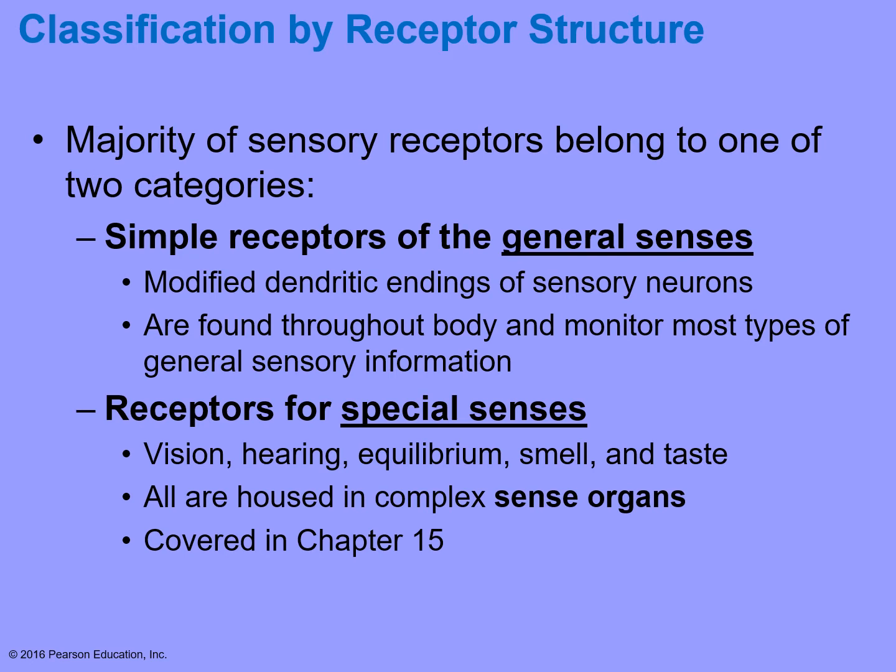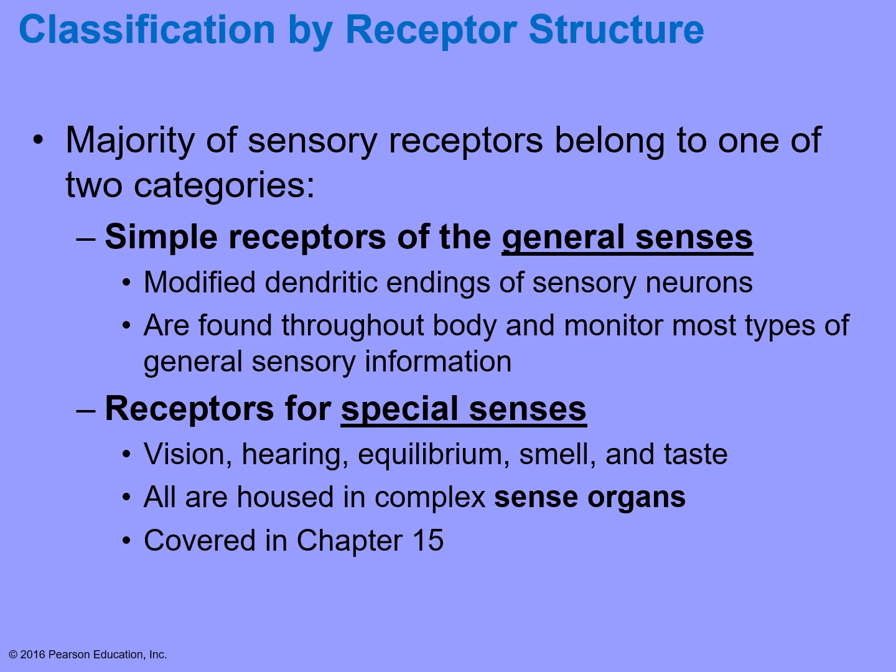In terms of classification by the structure, the majority of them fall into one of two types: either simple receptors, which are typically for the general senses and are found throughout the body, or receptors for the special senses. Special senses are vision, hearing, equilibrium, smell, and taste.